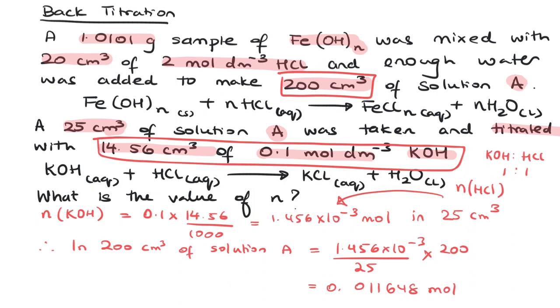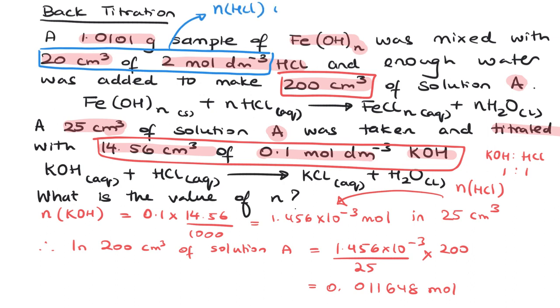Now we can figure out how many moles of HCl reacted with the solid iron hydroxide compound. But first we have to think about how many moles of HCl were present in the original solution to begin with. HCl originally present is going to be the concentration times the volume, which gives me 0.04 moles.